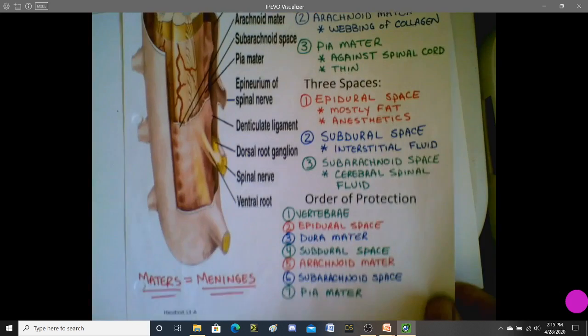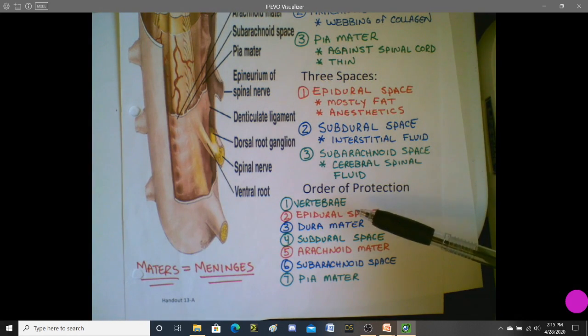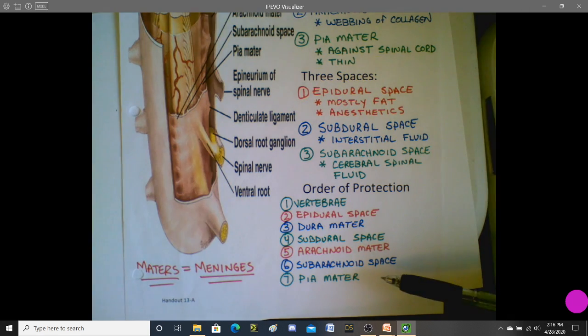And then don't forget that I have the correct order, except that handout 13A says vertebrae. We just need to think of the skull. So it's going to go skull, then the epidural space, then the Dura Mater, then the subdural space, then the Arachnoid Mater, the subarachnoid space, and the Pia Mater.